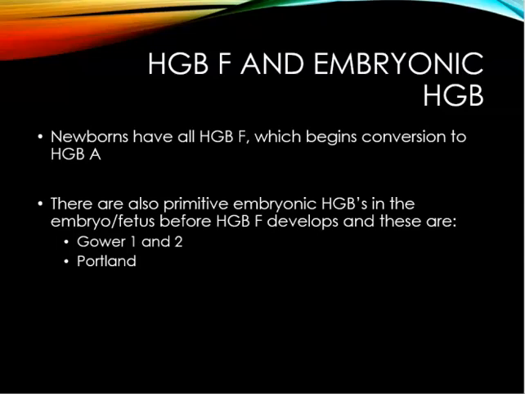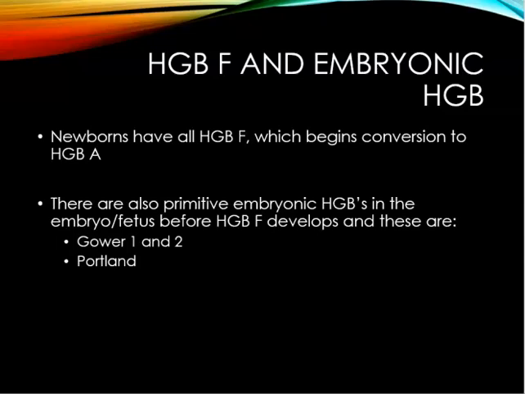This process can take up to about 2 years to completely switch over to hemoglobin A. But as adults, you still have a little bit of hemoglobin F in the body, because remember you have 5%, but as an adult you're mostly going to have hemoglobin A. Now for those embryonic hemoglobins, the Gower 1 and 2 and the Portland, these are those primitive hemoglobins that you have in the embryo and fetus before the hemoglobin F even develops.